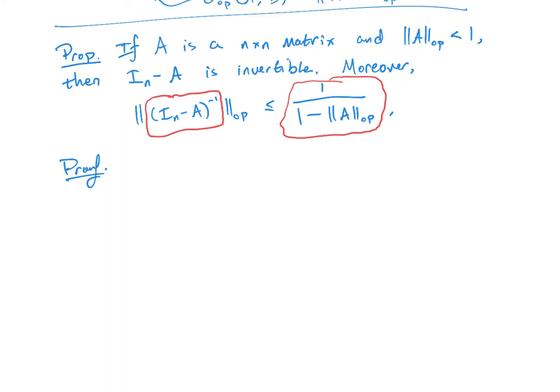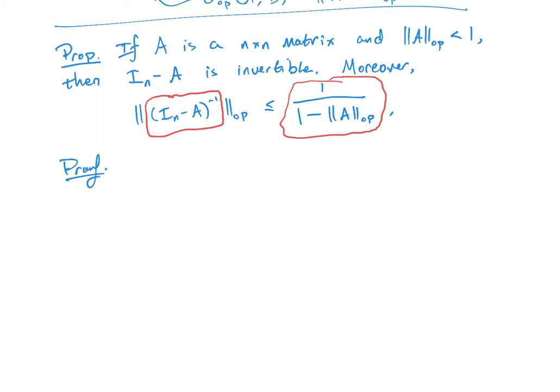First thing is we need it to be invertible. We just stated this theorem about how the following things are all equivalent to invertibility. The one we're going to use is that the null space is 0.